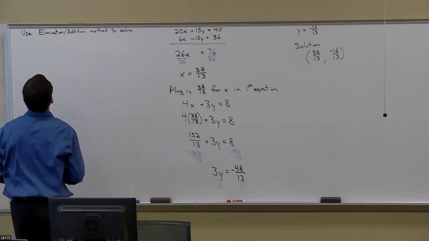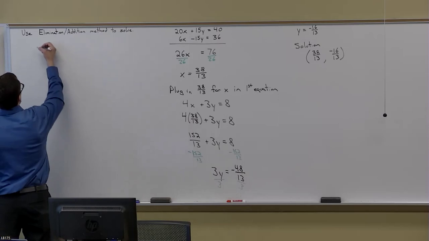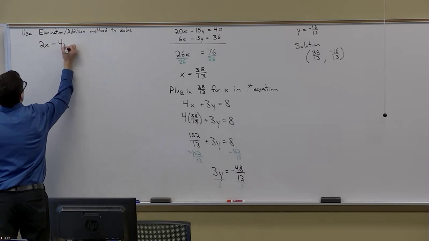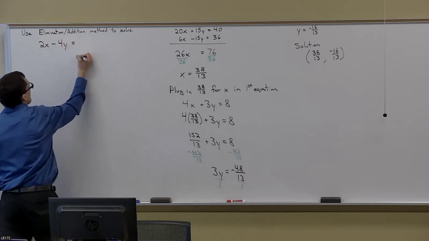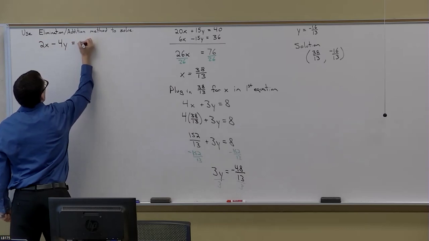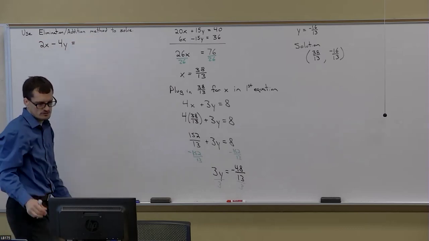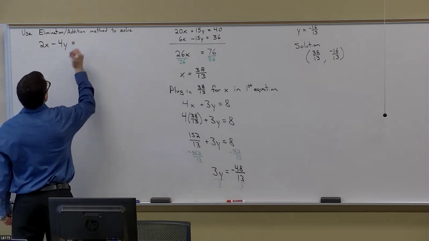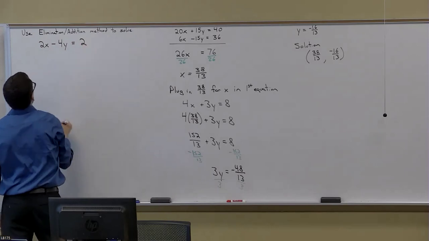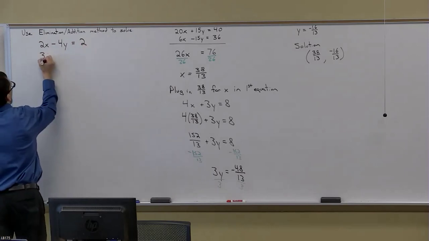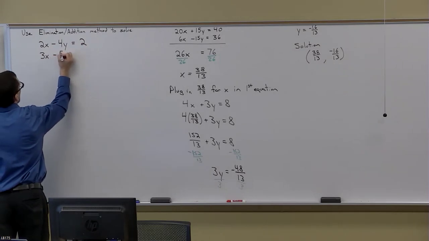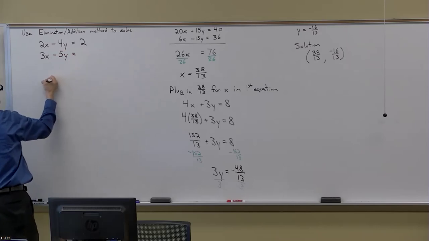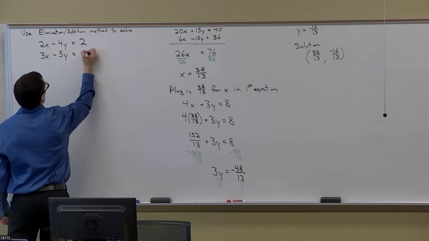Let's do another elimination addition method. Let's take 2x minus 4y equals 2, and then 3x minus 5y equals 5.